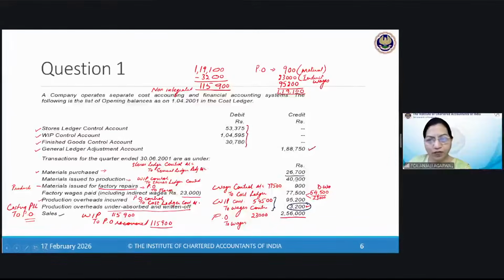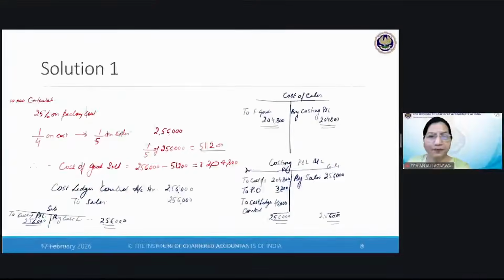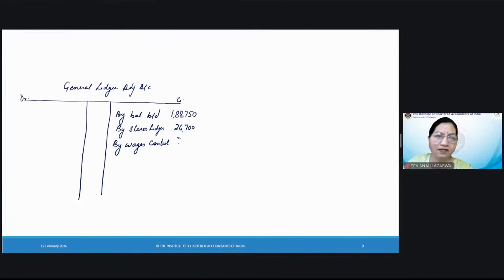When it has moved to production, it is just a movement, no expenditure incurred. When this material moves to factory repairs, used as factory repairs, again, no expenditure incurred, only movement of goods from stores to factory overheads. Then you have wages incurred. That is 77,500. That is when the general ledger adjustment account would be credited.